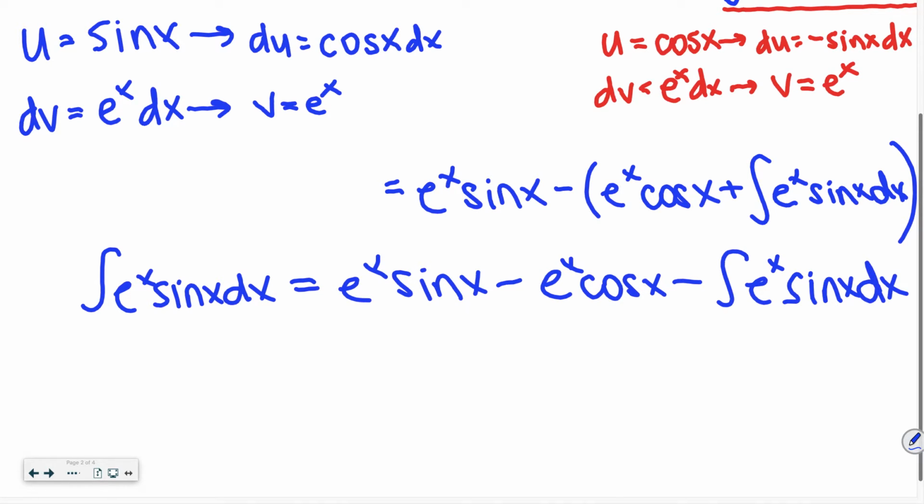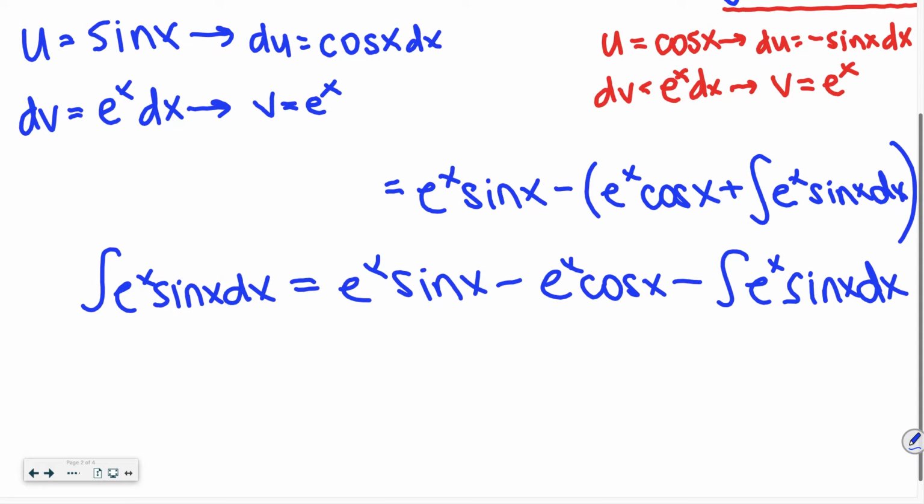And what can we do if we have like terms? We can combine them. So here I have the integral of e to the x sine of x dx, and here I have the integral of e to the x sine of x dx. Well, negative, technically.